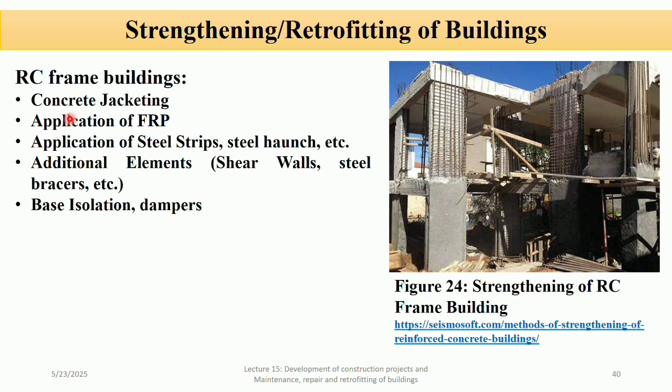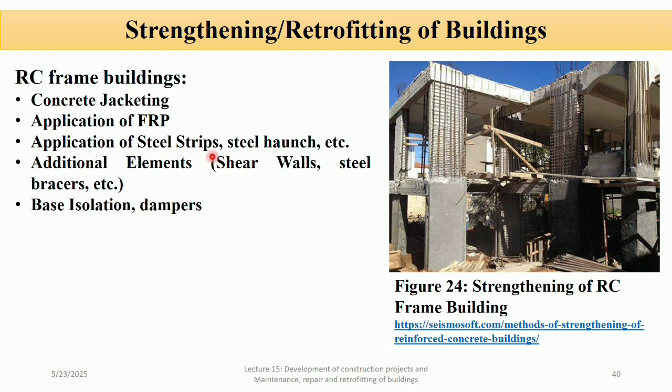The first one is concrete jacketing. It is a technique in which we add a new layer of reinforced concrete around existing columns, beams, or joints. Application of fiber reinforced polymer. Wrapping structural elements such as columns and beams with carbon or glass fiber sheets using adhesives.